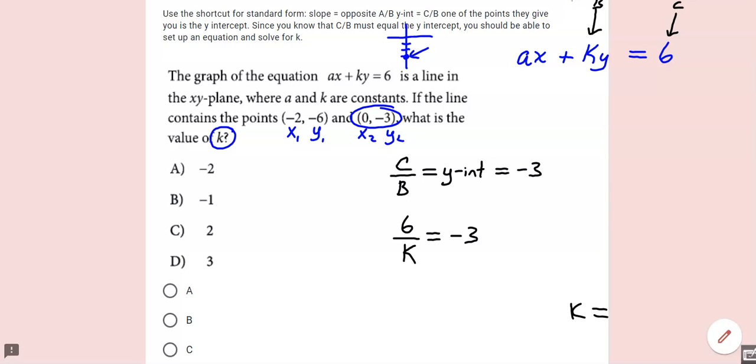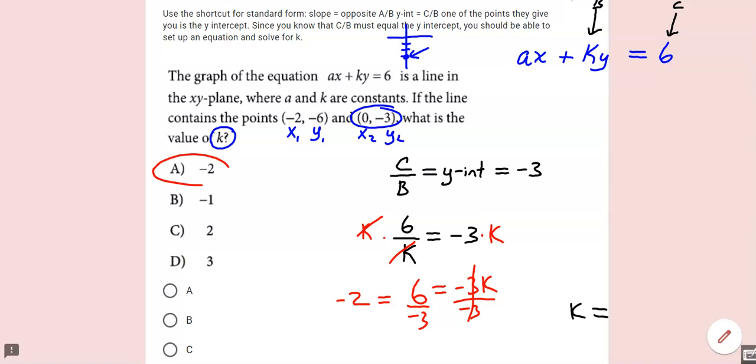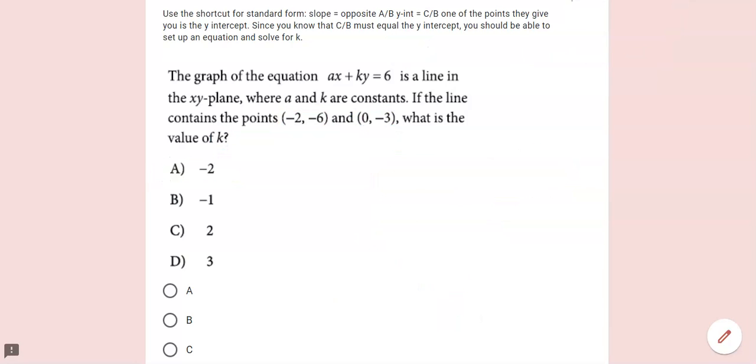If not, to get rid of that divide by k, I'm going to multiply by k to get rid of it. But I have to do it to the other side. So you have 6 equals -3k. Divide both sides by -3. And it looks like k equals -2. So we really didn't need this point right here. We actually could just use the shortcut of the y-intercept, which was huge. All right, hopefully that gives you a little bit of help on slopes, y-intercepts, especially in standard form.